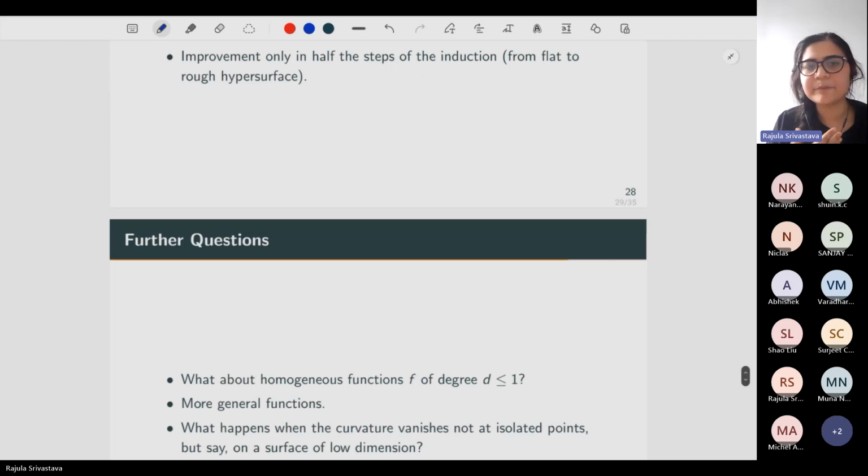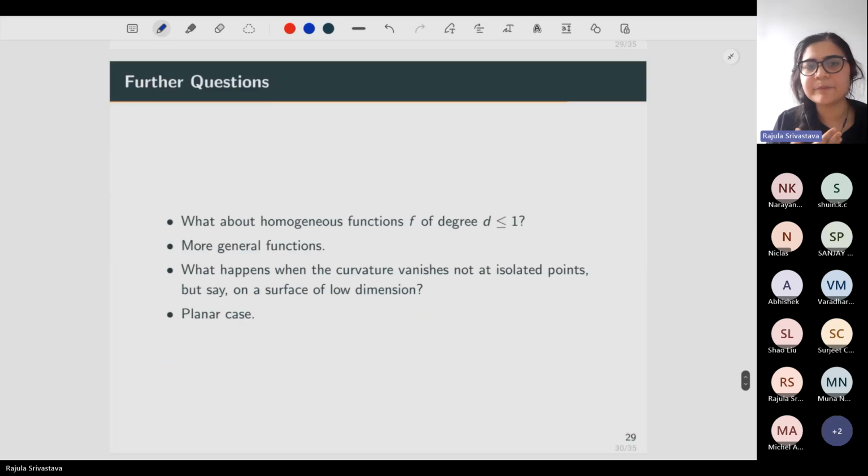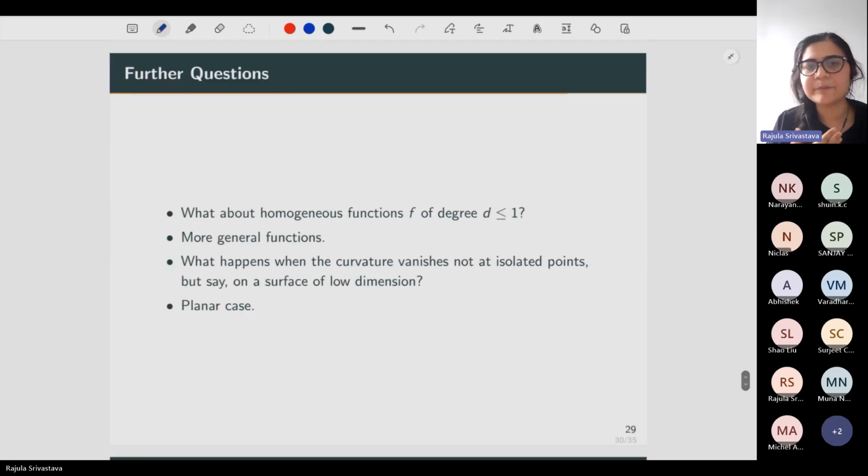But that's the idea, and it really gives you nice estimates. I think I've already exceeded my limit, so let me just end quickly. So this was very nice, and we were able to use all of these ideas to show that even if curvature vanishes at some points, you do still get this nice estimate.